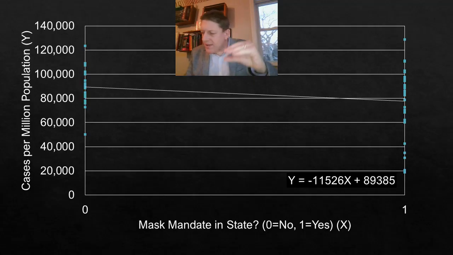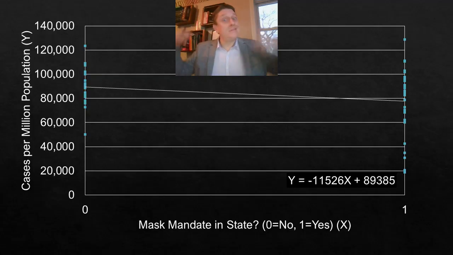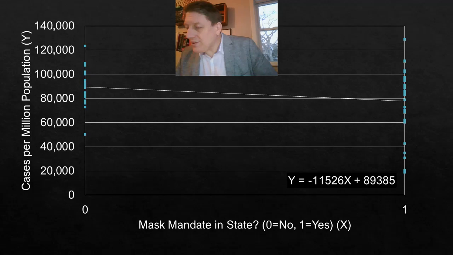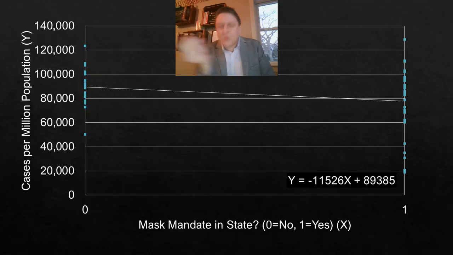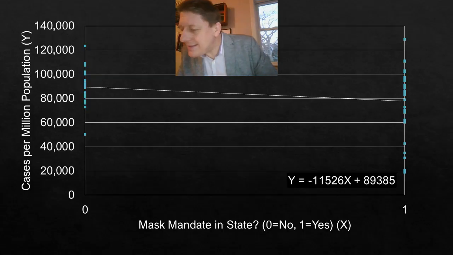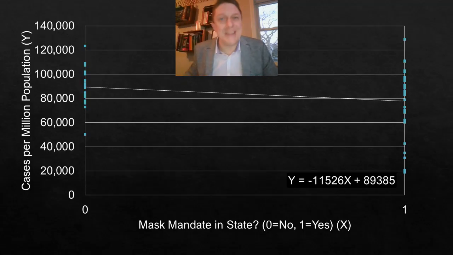Why in the equation do we know that? Because if x is 0, then 0 times negative 11,526 is going to be 0, because any number times 0 is 0, and 0 plus 89,385 is 89,385. Well, look at that. If you take a look at the place where the best fit line that's drawn here hits the y-axis, it hits at just about 89,000 and change, actually exactly 89,385.